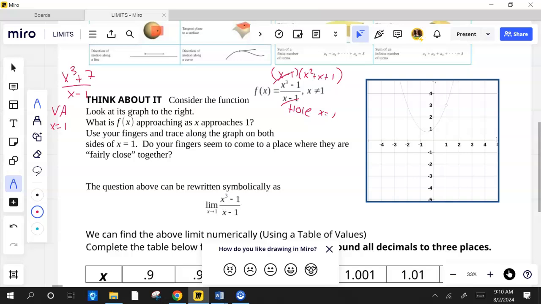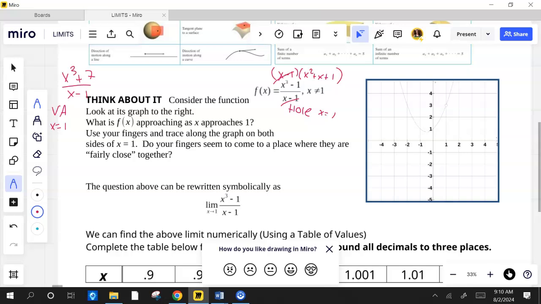All right. Now I want you to look at your graph, now that you know there's a hole there. In pre-cal and in algebra, we plugged the hole. We canceled this out, and we plugged 1 back in here to see what this value would be. Do y'all remember doing that? In calculus, however, we are going to use what we call limits.